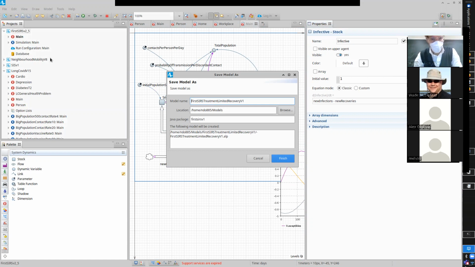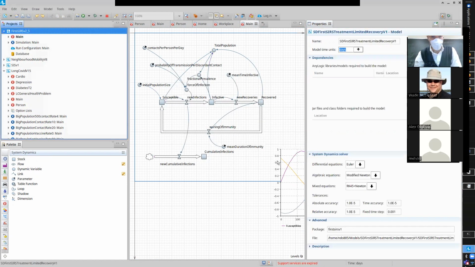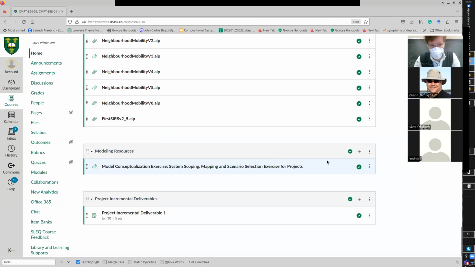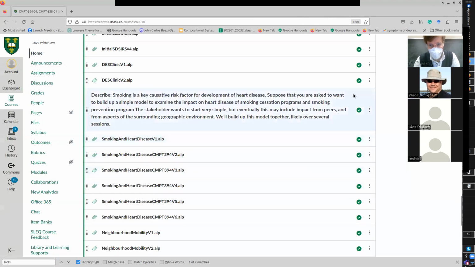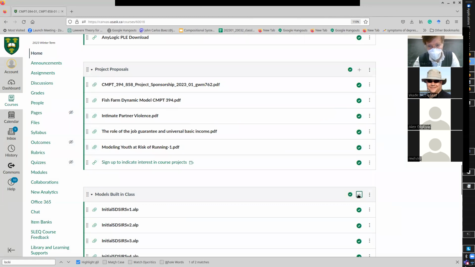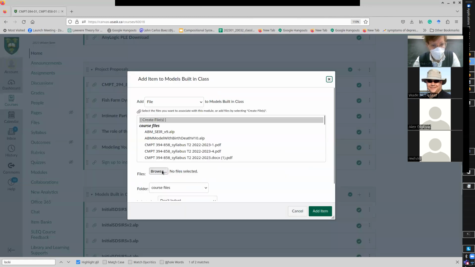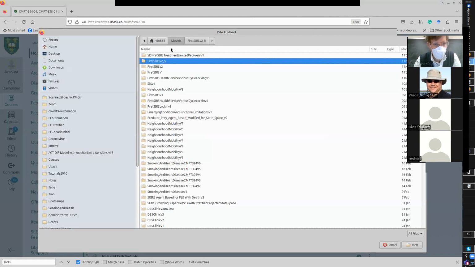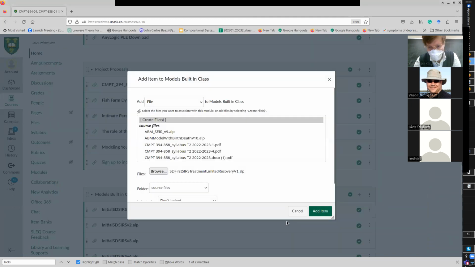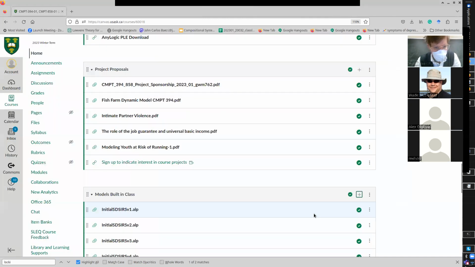And I'm going to call it SD to indicate it's an SD one for myself. I have hundreds of models, so I just want to remember this. Okay, great. And in case you don't want to type that, I'll post it up and you can use my name. There we go. And it is posted.